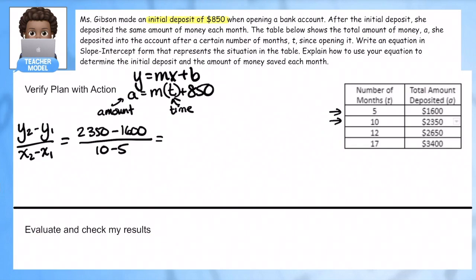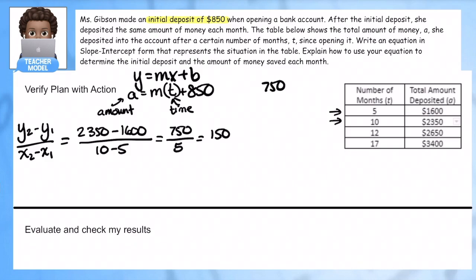The top part, 2350 minus 1600, is 750 over 5. And we're going to simplify this. 750 divided by 5. You can take out your calculators if you'd like. I recognize I'm rushing a little bit, so I believe it's 150.